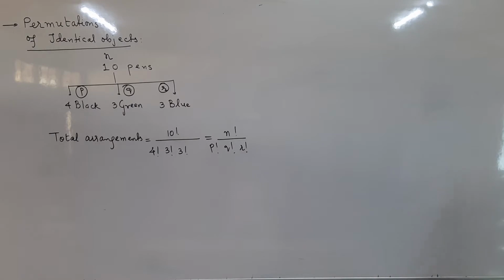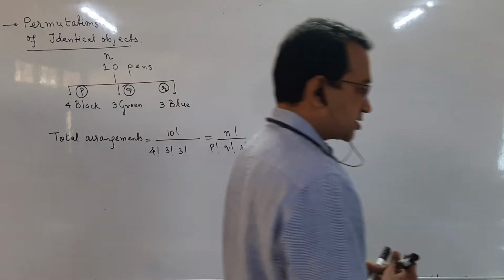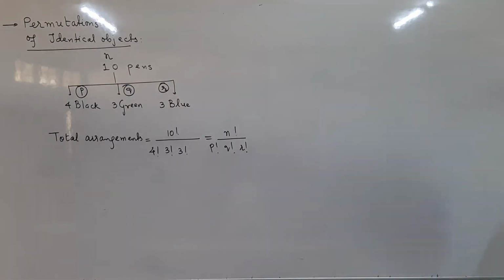So the formula or concept goes like this: suppose we have n items, out of which p are of one type, q are of second type, and r are of third type, where p items are identical in size, shape, and color, similarly for q, similarly for r. Then the total permutations of these n objects is n factorial divided by p factorial into q factorial into r factorial. This is the concept of permutations with identical objects.